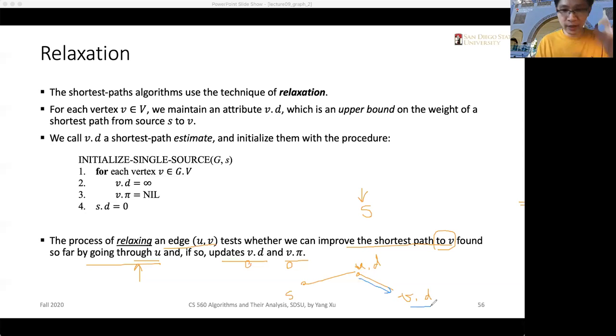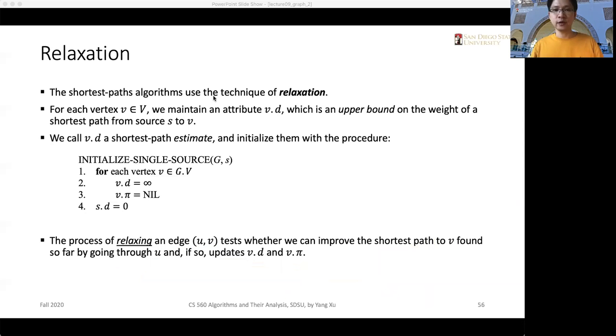We just use the edge weight from U to V and the original values of V dot D and U dot D to determine whether we need to update V dot D and V dot pi.